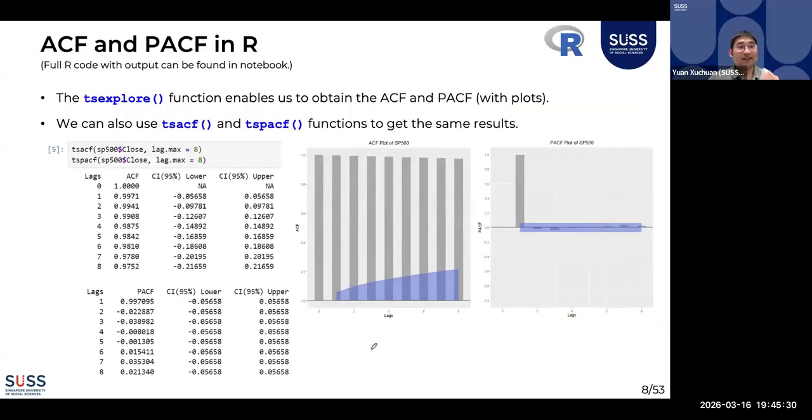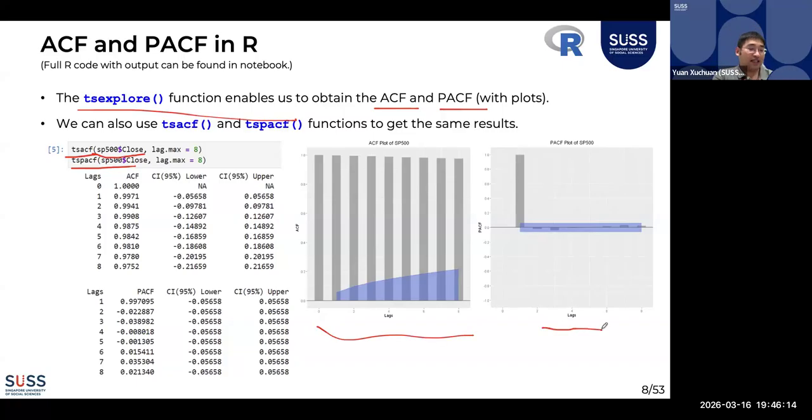You can use the tsexplore function to get the ACF and the PACF from your time series data. For example, for the SP500 data, the close column, you use ts ACF and ts PACF, and you get the ACF plot and the PACF plot.